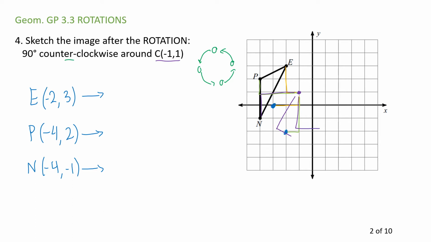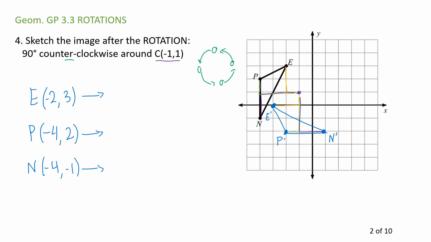I want you to see that's where I'm going to be ending up. It's going to look something like this. Here is my new N. That's N prime. This was P prime. And this was E prime. You just have to be careful and look at a picture.